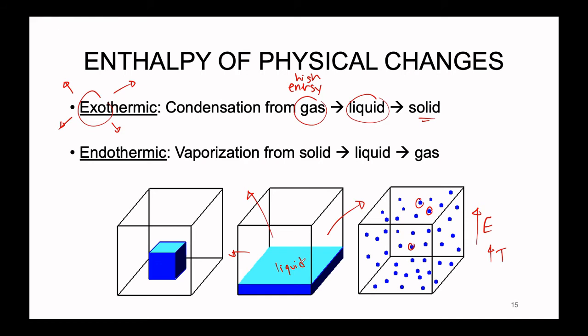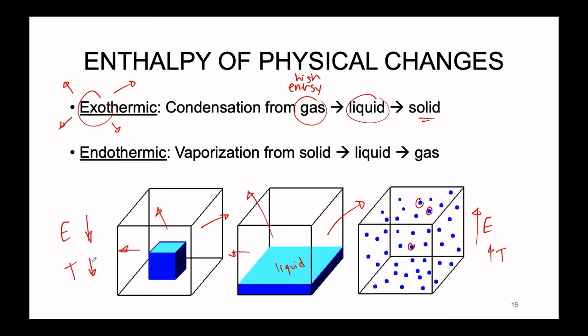The energy must be lost in order to transform your gas into a liquid. Even more energy is going to have to be lost if we want to transform that liquid into a solid, right? If we want to freeze something, we really need to make sure that the internal energy of that species is low and that its temperature is also relatively low.